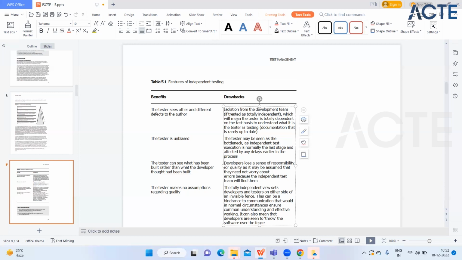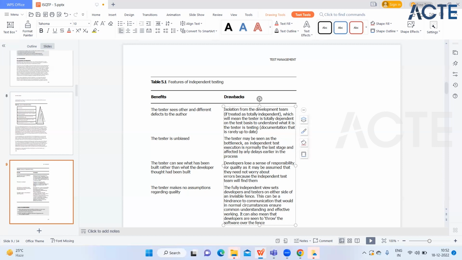It's isolated from the development team. Because you are checking everything in your independent way, the tester may be seen as the bottleneck, as independent test execution is normally the last stage and affected by any delays earlier in the process.